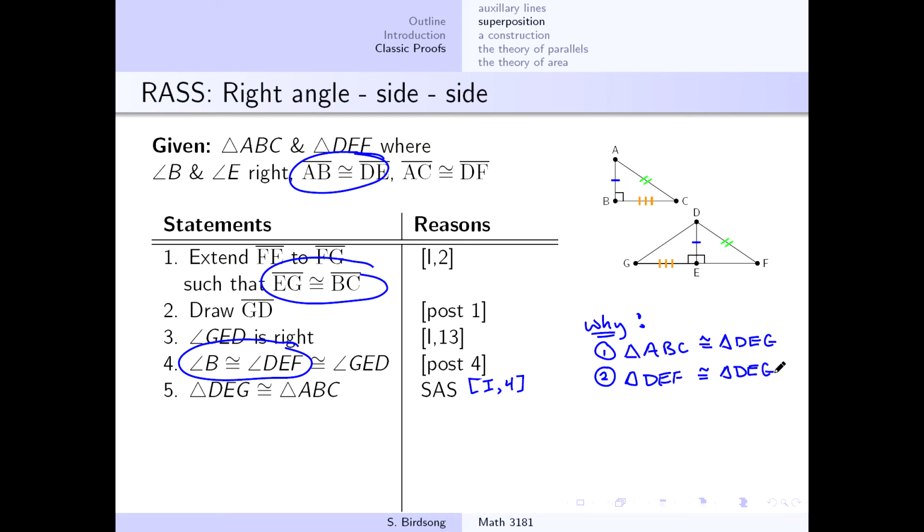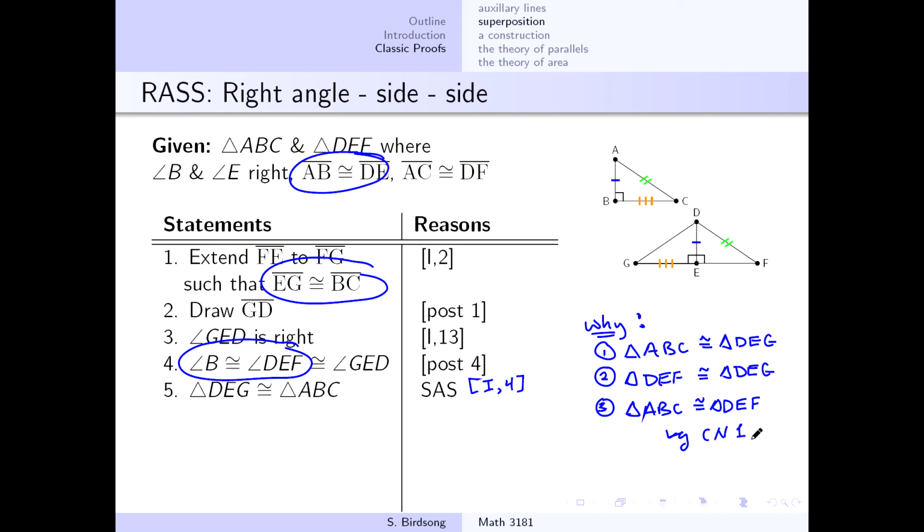It would be extraordinarily difficult to show that the two original triangles are congruent to each other without this helper triangle we just copied. And then, conclusion, we get that triangle ABC is congruent to triangle DEF because of common notion number 1.